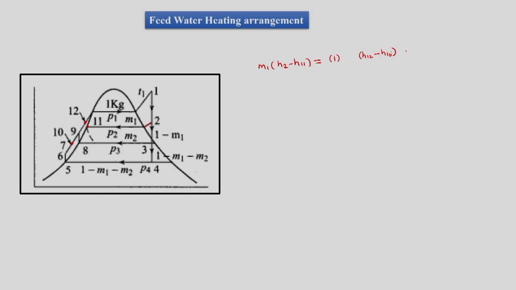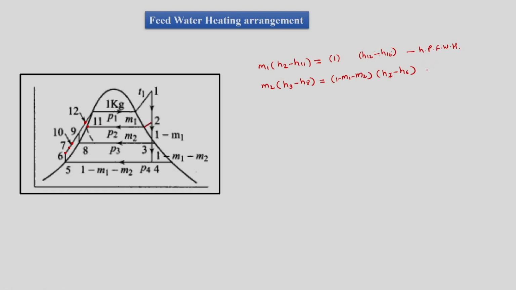But this is for the high pressure feed water heater. For the low pressure feed water heater, M2 mass is losing its enthalpy from 3 to 8, and across which (1 − M1 − M2) mass is gaining enthalpy from H6 to H7, but it is not stopping.